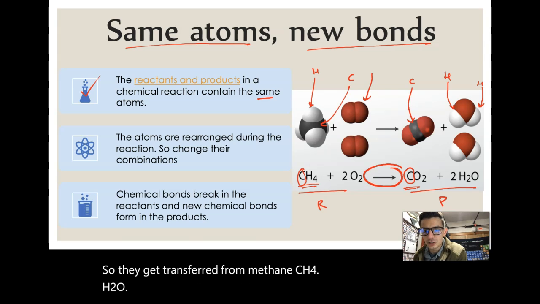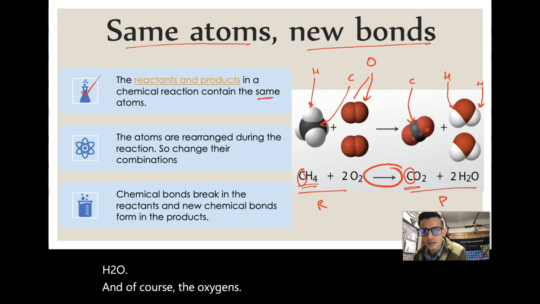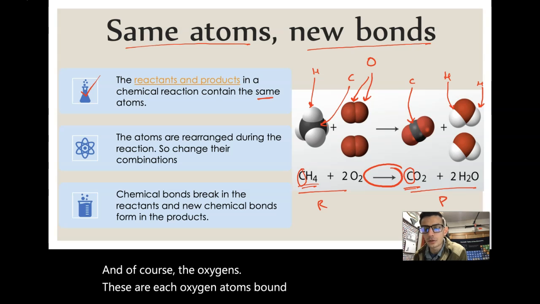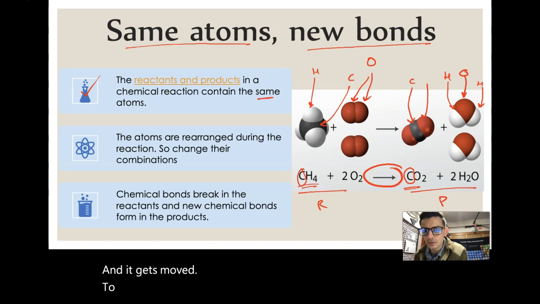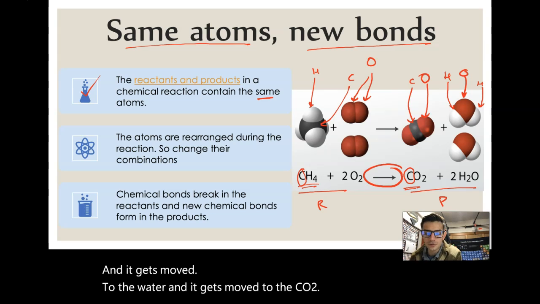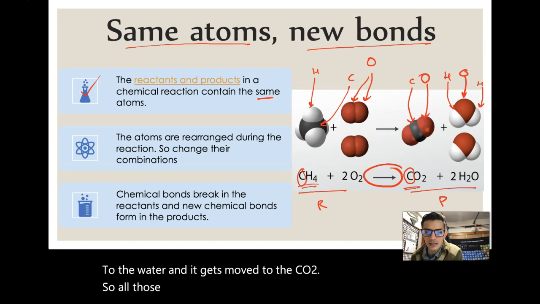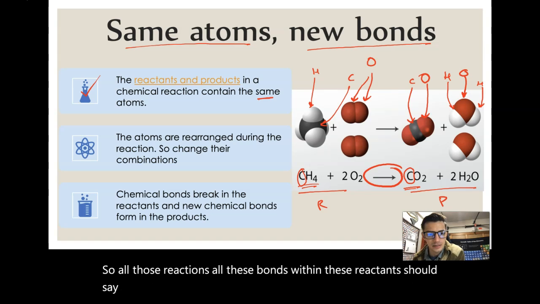And of course, the oxygens, these are each oxygen atoms bound together. We call that O2, or oxygen gas. And it gets moved to the water, and it gets moved to the CO2. So all the bonds within these reactants, I should say, get rearranged and turned into something else.